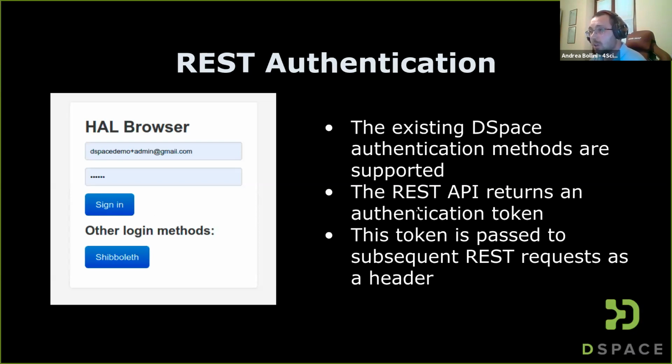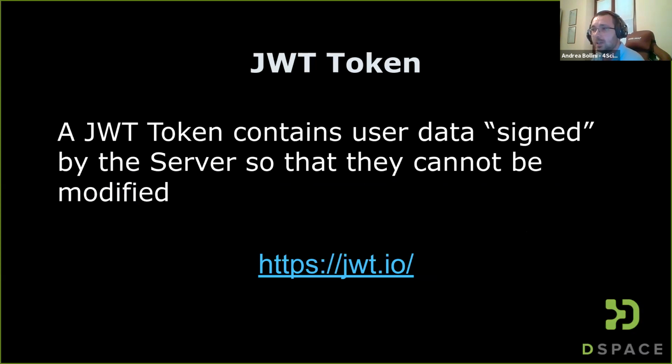When you log in, you get a JWT token that needs to be passed to all the subsequent REST requests as a header in your HTTP request. So what is, more in depth, a JWT token? It is a special base64 encoded string that is signed by the server.